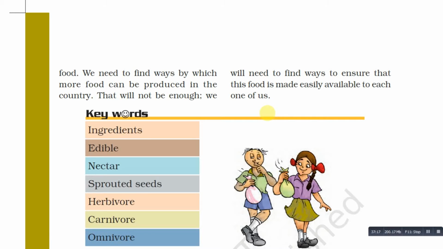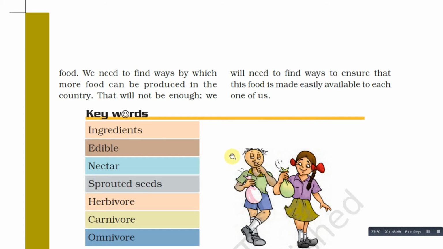First there were only two, herbivores and carnivores. But due to some animals and of course human beings, the third category is there, omnivores. You decide where you come from. Your physique, your body is made for what. Your teeth are like carnivores or herbivores, you decide and then you take the food.